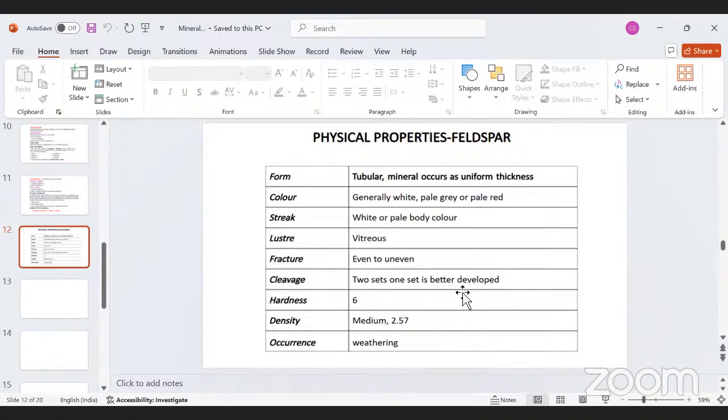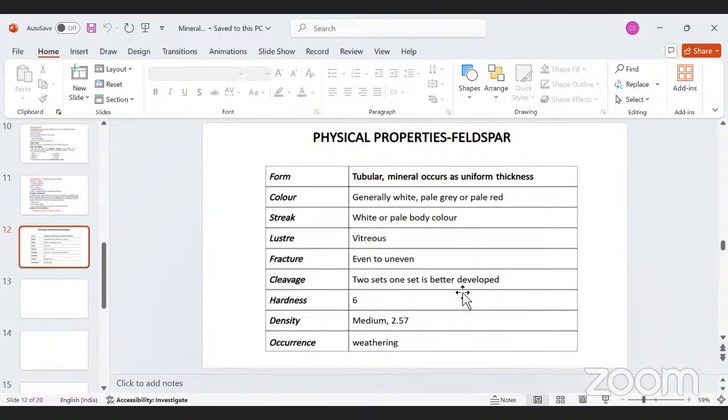Then some evaporites, which are associated with evaporation of water bodies. In summer these get evaporated, so they are called evaporite minerals. Examples are anhydrite and gypsum. Phosphates: apatite is the best example.